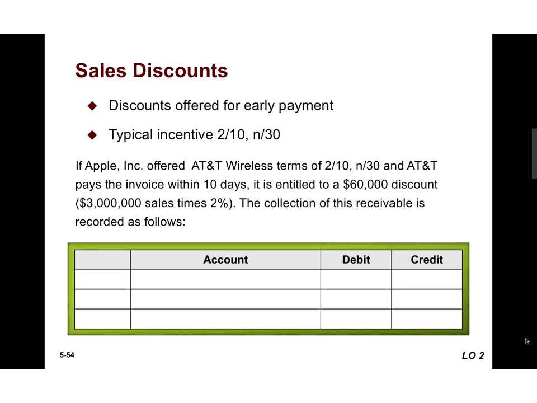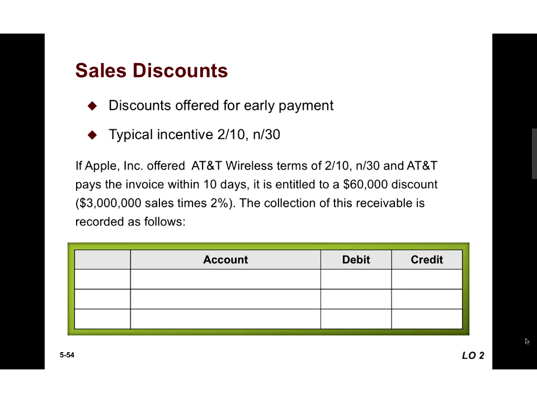Let's say this 2/10 net 30 discount, let's say Apple offered AT&T 2/10 net 30 and AT&T pays within 10 days. Now remember, AT&T just bought $3 million of iPhones. So the discount on $3 million, a 2% discount, is $3 million times 2% or $60,000.